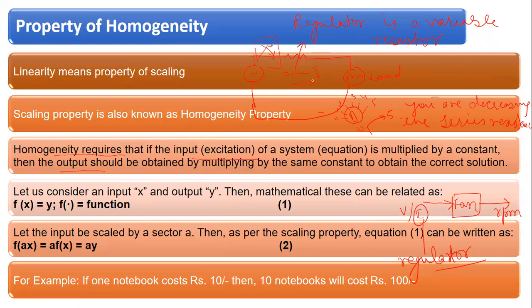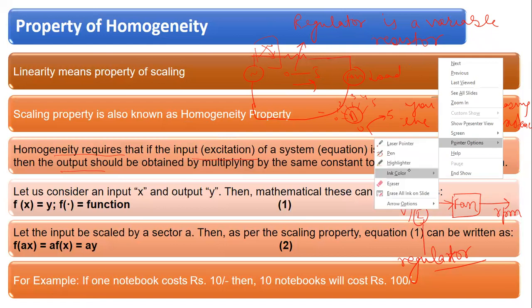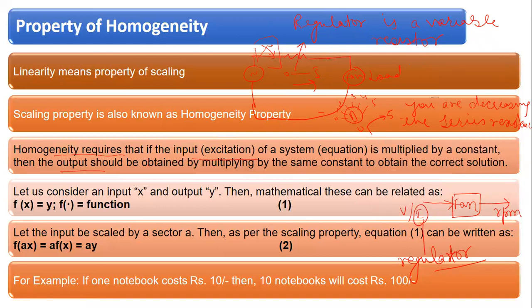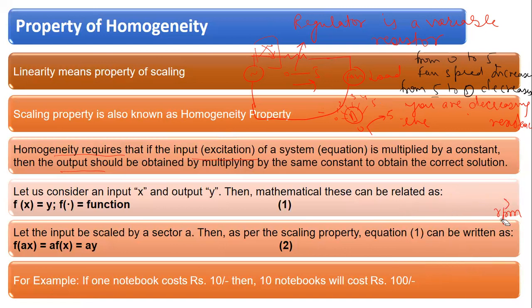If you move from 0 to 5, fan speed increases. From 5 to 0, sorry, decreases. What decreases? Fan speed, right? Fan speed decreases.